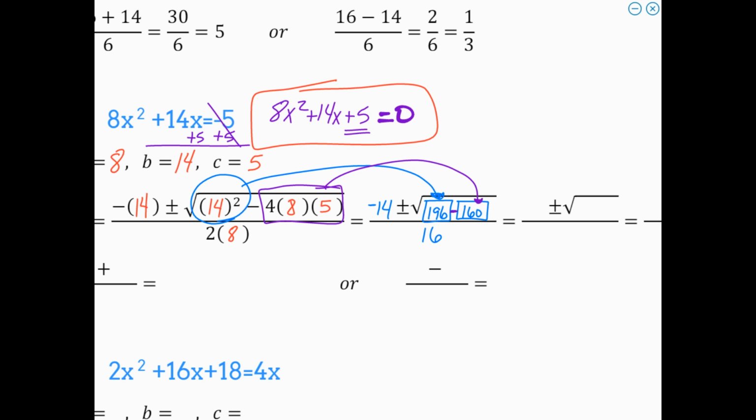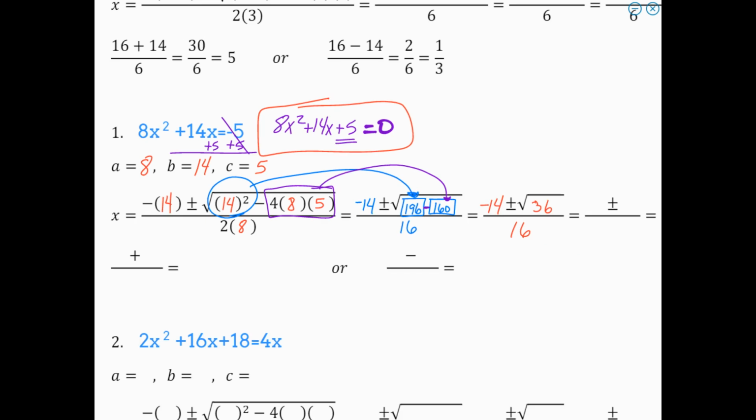Does the negative 14 change when I simplify it? No, it's still negative 14. What's underneath the radical now? 36. Okay, did my bottom change? No. Can I take the square root of 36?